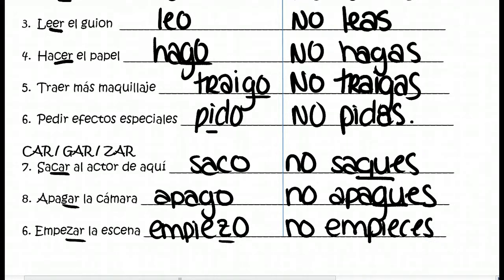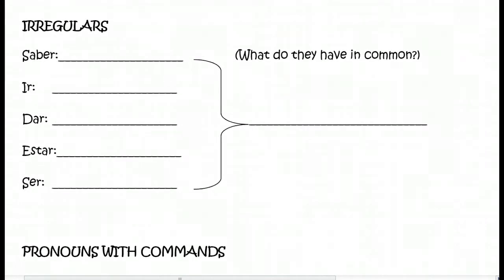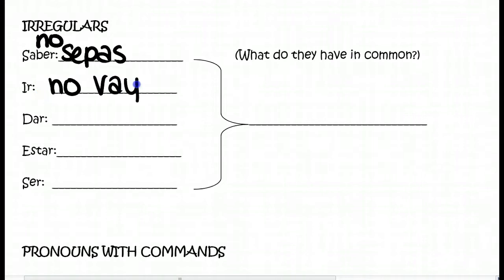Now we do have a couple of verbs that are irregular in themselves. Not that they're car, gar, zar verbs or boot verbs, but these are irregular negative commands. So we have the verb saber, so the command would be no sepas. Ir, no vayas.